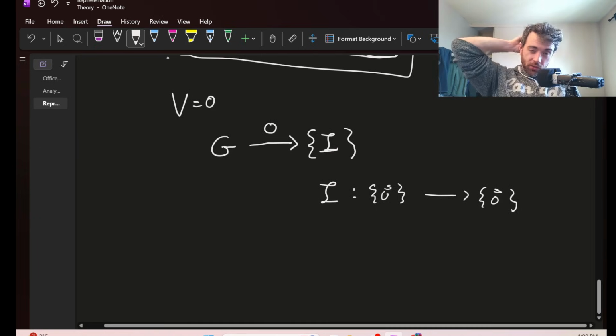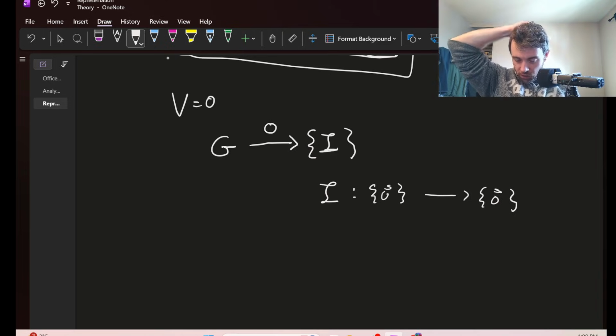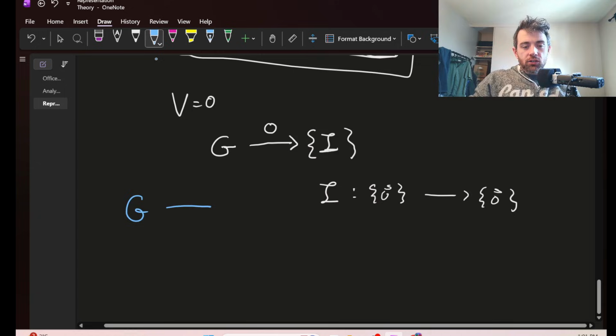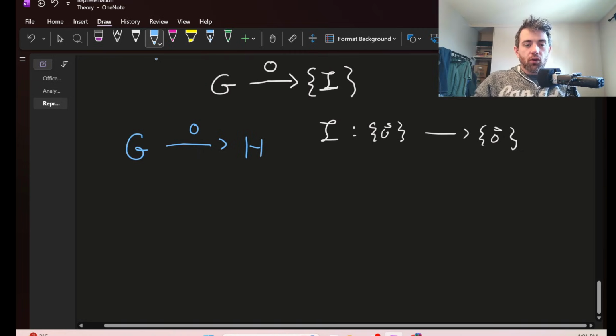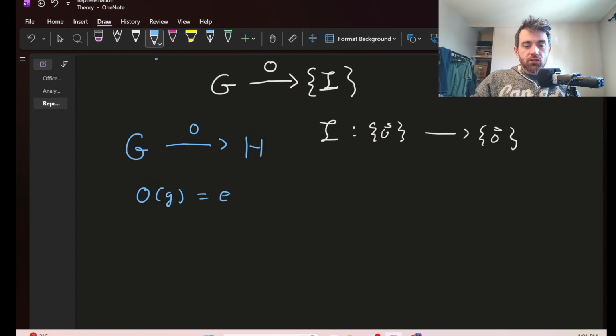But what are some other representations we could construct? So notice, you start thinking, well, I always have the trivial map into the trivial group. But actually, between any two groups, I always have the trivial homomorphism. It is always true that the homomorphism which sends every element of G to the identity element of H is a group homomorphism.